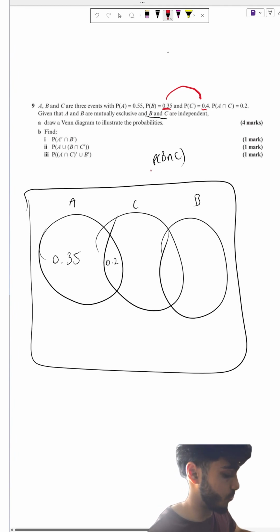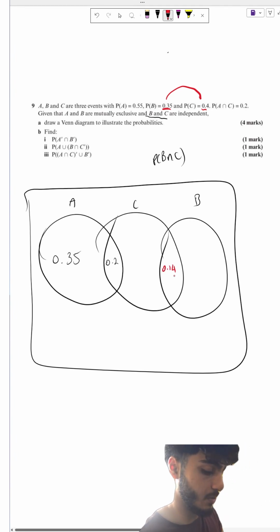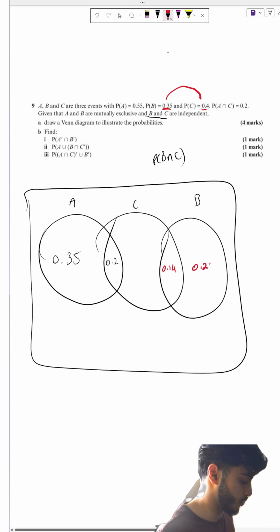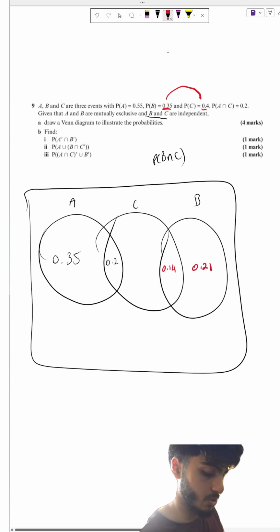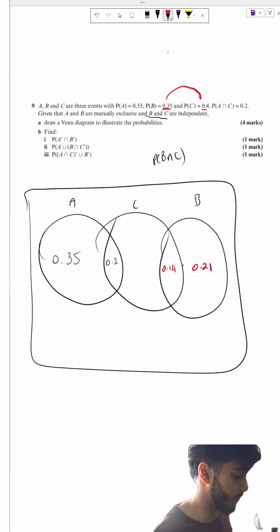That gives me 0.14 here. And then I can do more subtracting to work out my other probabilities. 0.21, and 0.2 plus 0.14. This gives me 0.34.